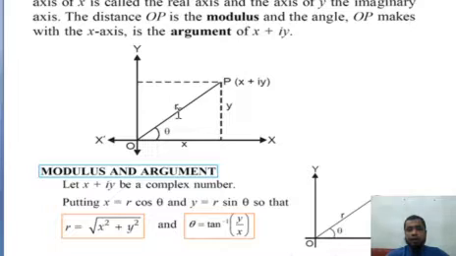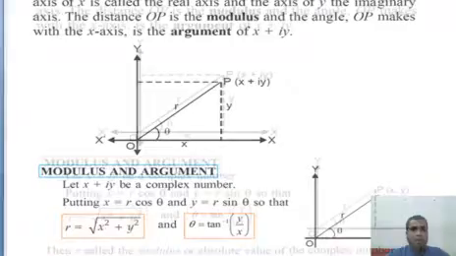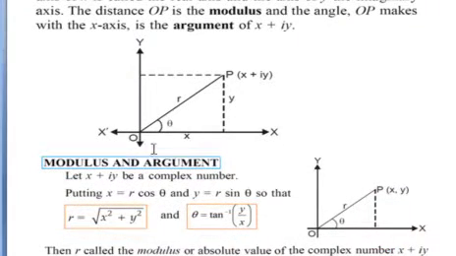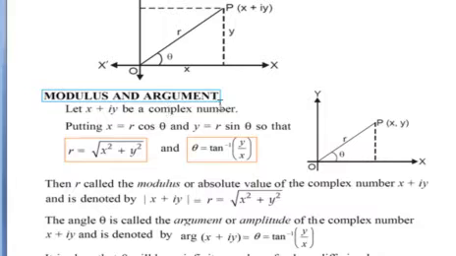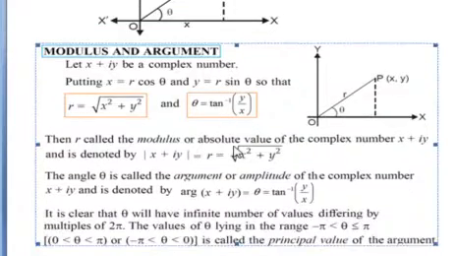Here there are two terms: the angle theta, where theta equals tan inverse of y by x, and r, the magnitude of z. So r equals square root of x square plus y square, and it leads to another topic, modulus and argument.